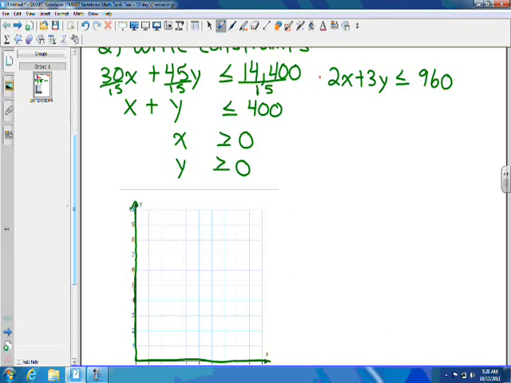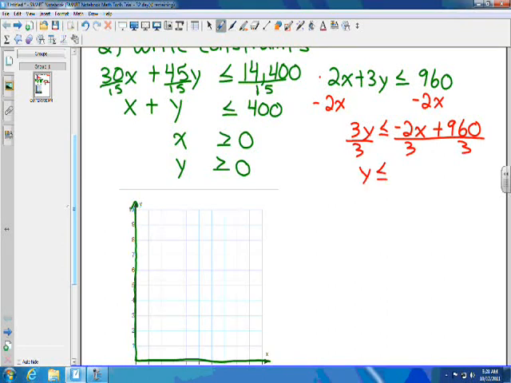So we subtract the 2x. So we have 3y less than or equal to negative 2x plus 960. Then what? Divide by 3. So we have y is less than or equal to negative 2/3 x plus 320.